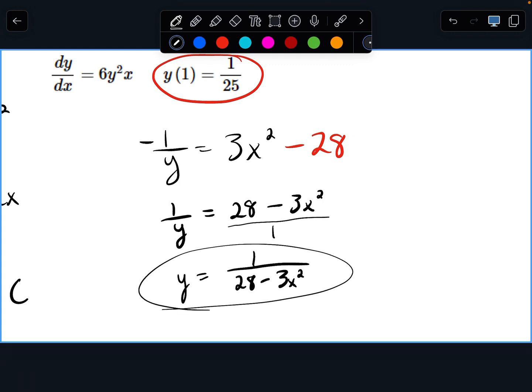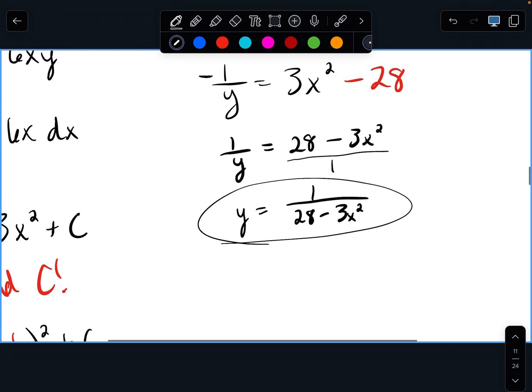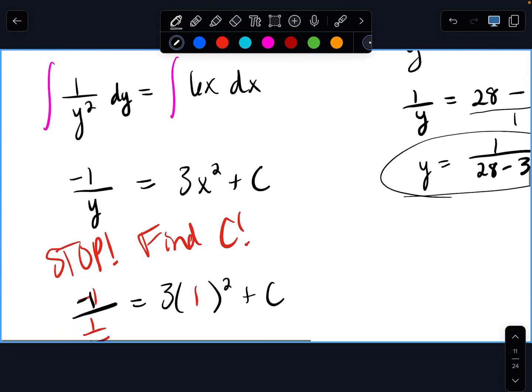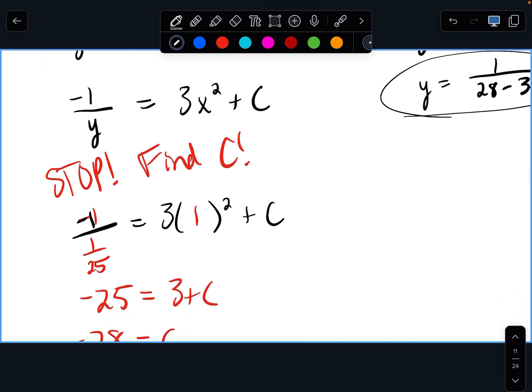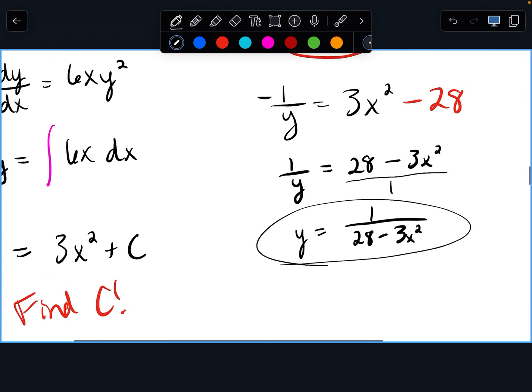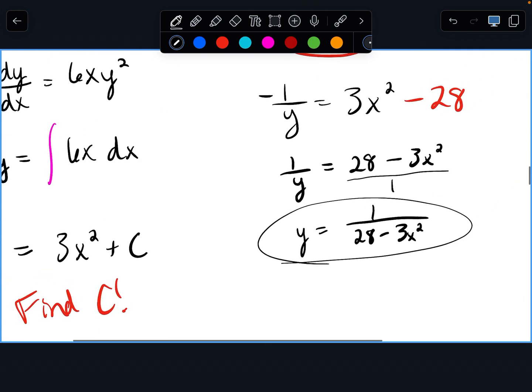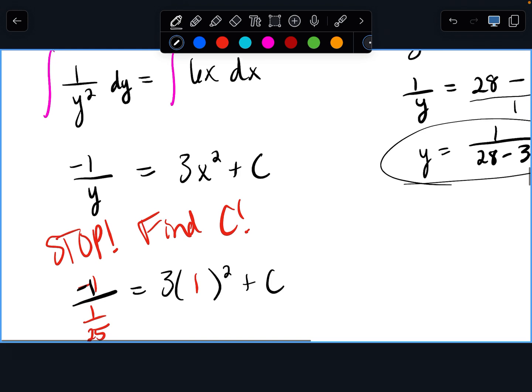And there it is. So it goes from negative 1 over y to just y equals negative 1 over, what was this back? Instead of getting rid of the negative, you just make it negative 1 over 3x. Yes, that's fine. That's the same thing. That's a good question.